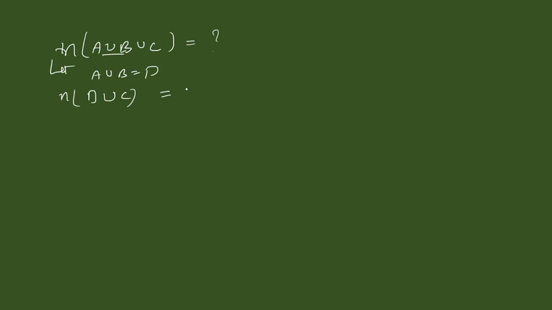After doing this, let me extend the topic to n of A union B union C, where I have three sets. So what could be the answer for it? For this, I assume that A union B is equal to D. Then I will get n of D union C. According to the previous formula, this is n of D plus n of C minus n of D intersection C. There is no issue in this.